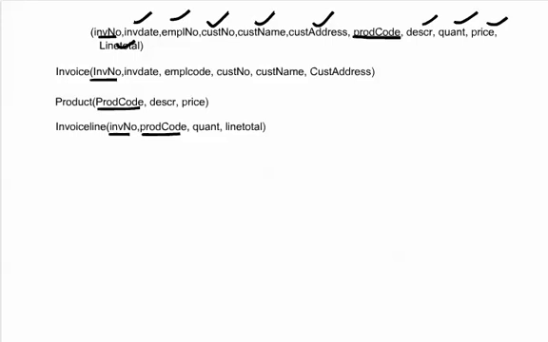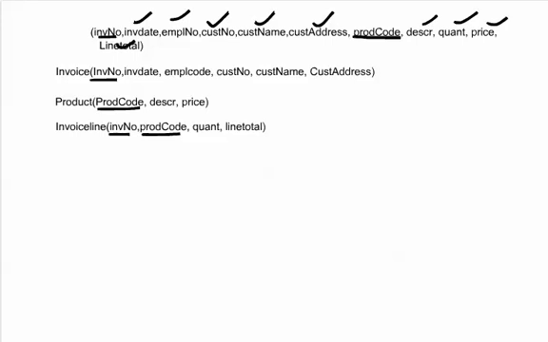Now let's quickly look at invoice. Which normal form do you think invoice is currently in? Do we have any repeating groups in invoice? No, because there is a unique primary key and so on. Is there any partial dependencies?